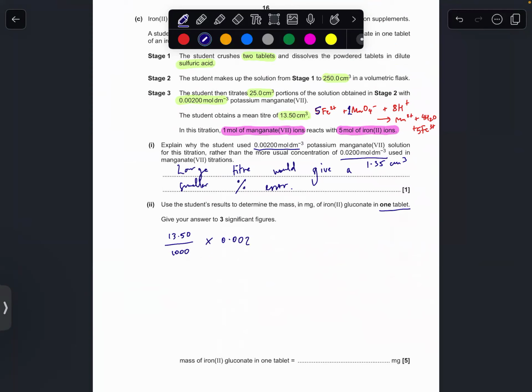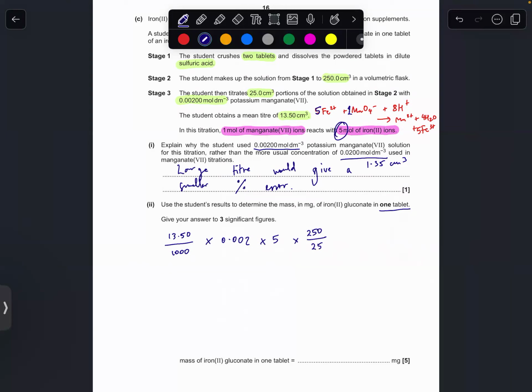That gives you the moles of manganate in the titration. We need to multiply it by 5 to give us the moles of iron in 25 centimeters cubed. But that 25 centimeters cubed is out of 250, so we need to times it by 10 to scale it up. This gives us the moles of iron.